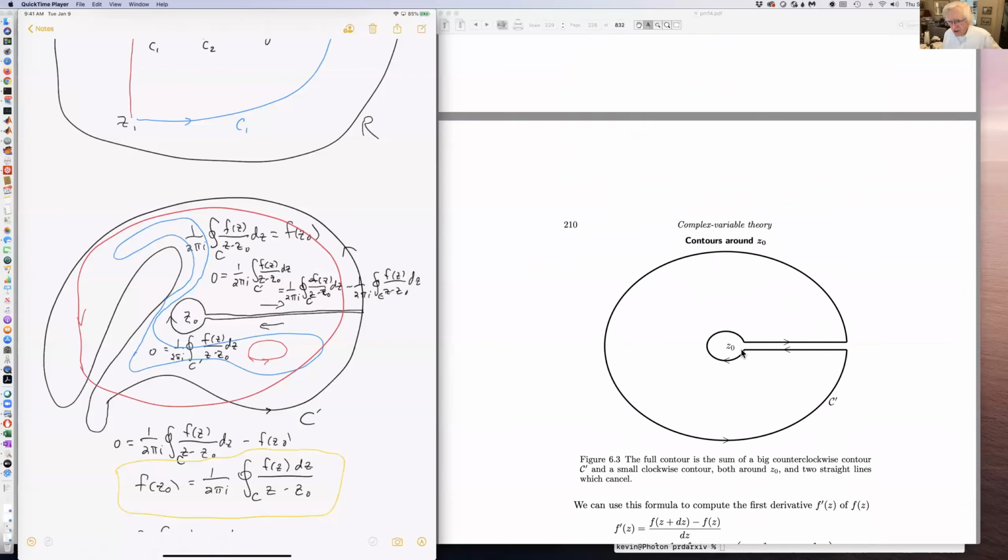So that's Cauchy's integral formula, and as we've seen here, it's a direct consequence of Cauchy's integral theorem.